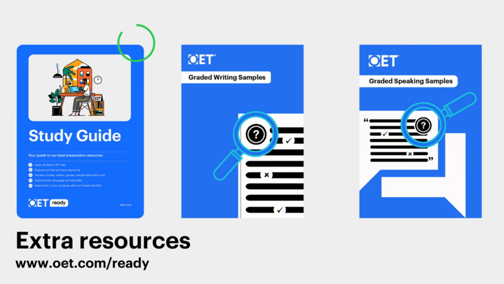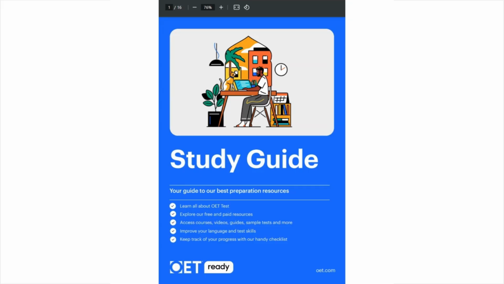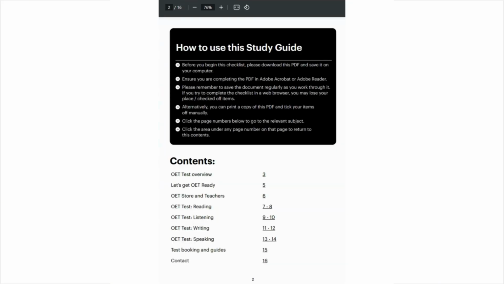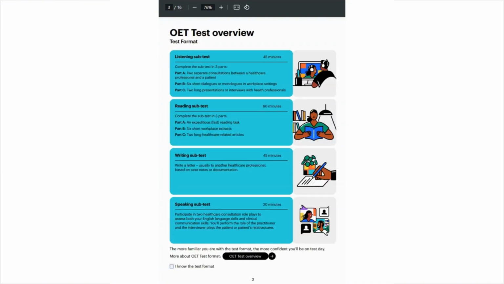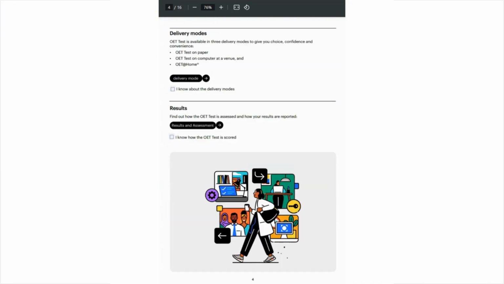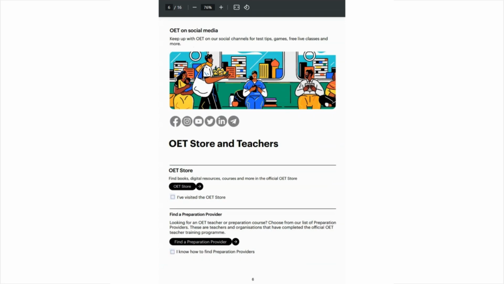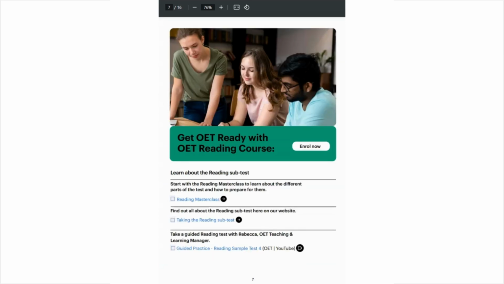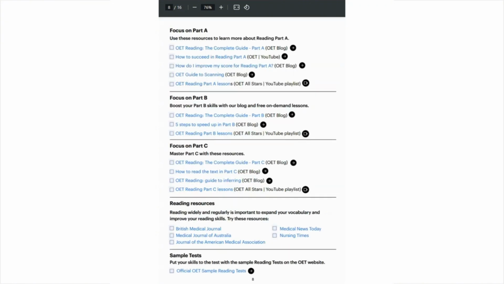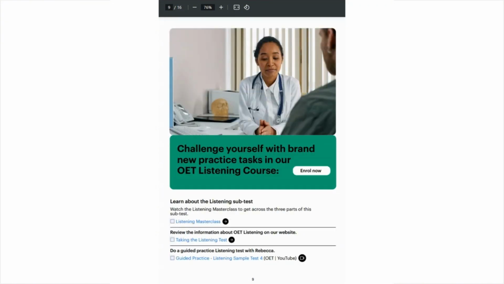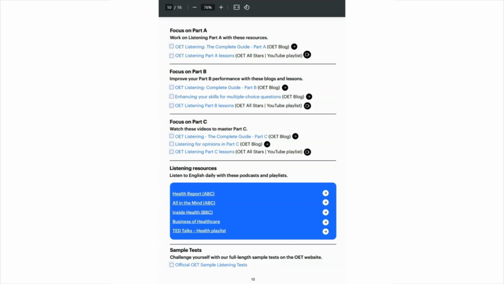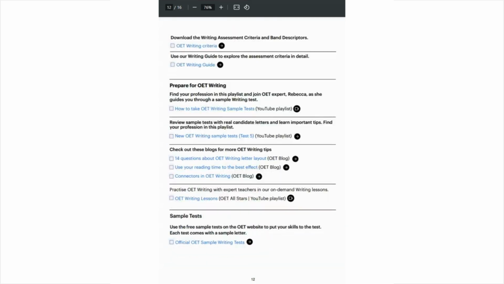So our study guide is, of course, our top recommendation. And one of the things that candidates asked us for this year was extra reading and listening resources. The study guide has links to great videos, tips, blogs that will help you prepare. But there's a dedicated section on resources where you can find links to real-life reading and listening materials that will help improve your skills.